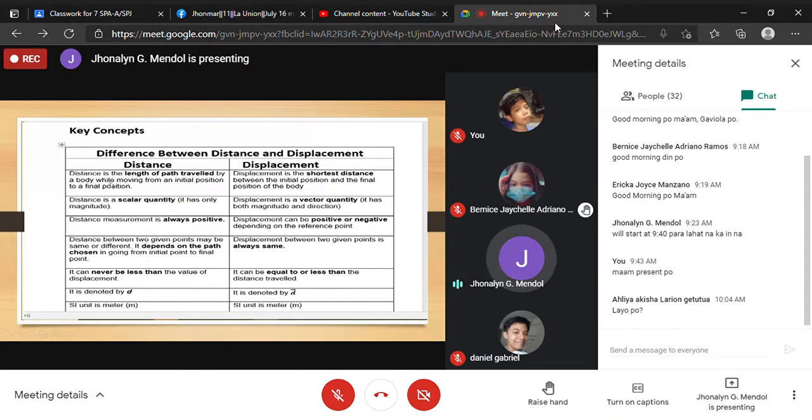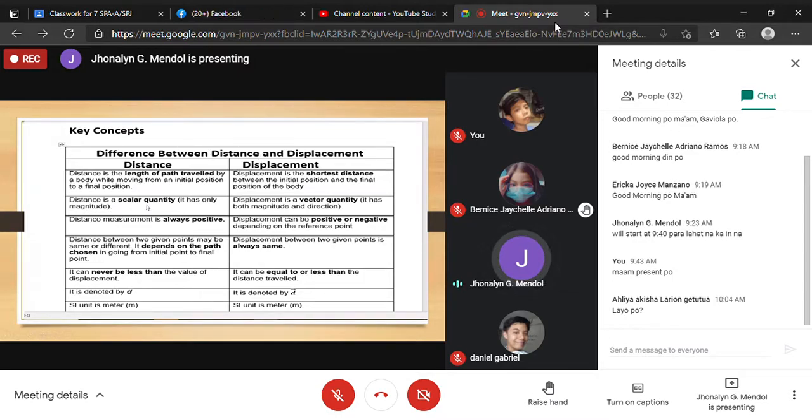When we say distance, it is the length of path traveled by a body while moving from initial position to final position. So, class, there is no definite how far it is. It's okay. While displacement is the shortest distance. Kumbaga, shortcut na itatake mo to go to the final position.